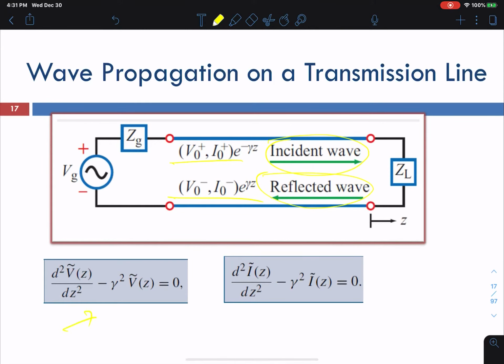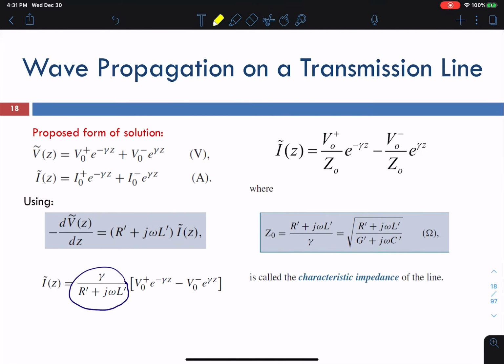Now, to solve these two equations over here, we propose a form of the solution that I did here. These are basically two things: a reflected and an incident wave. So this part is your incident wave, this part is the reflected wave, and the same here. This part is incident, this part is reflected, right? Now if you model this one like with this right here, this part becomes an admittance, the inverse of impedance, basically 1 over Z0.